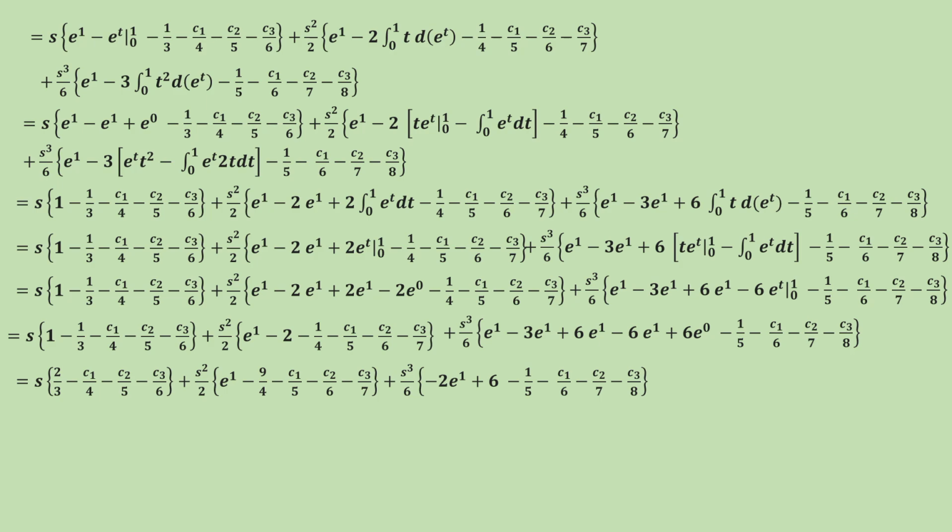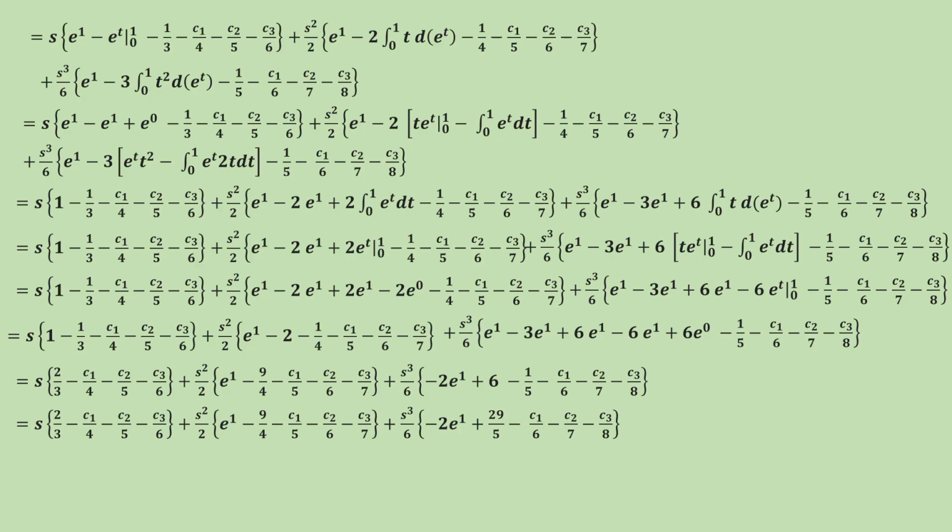So here plus 6 e power 1 minus 6 e power 1 get cancelled. So minus 3 e power 1 plus e power 1 is minus 2 e power 1. 6 into e power 0, that is 6 into 1, 6. So minus 2 e power 1 plus 6 minus 1 by 5 minus c1 by 6 minus c2 by 7 minus c3 by 8.